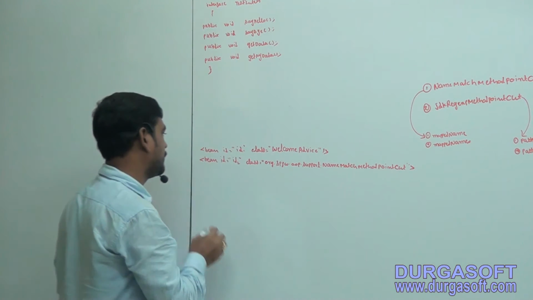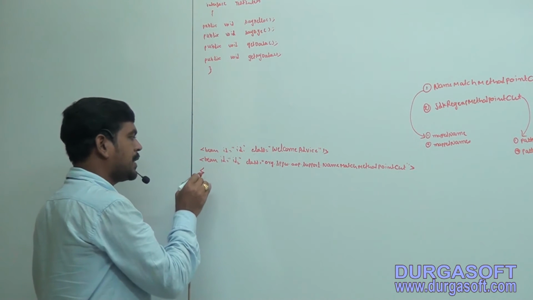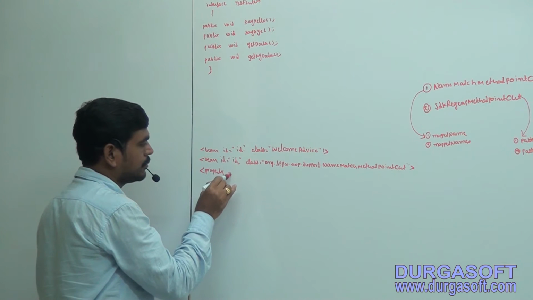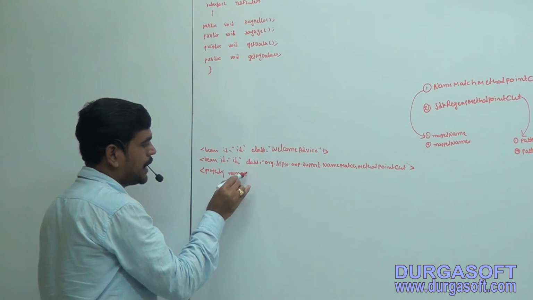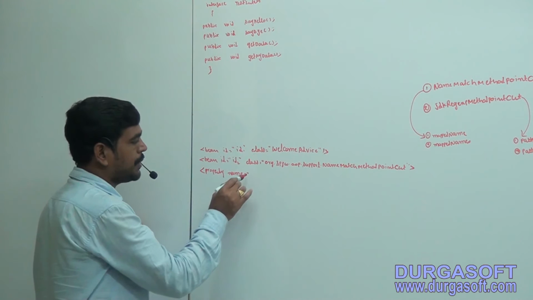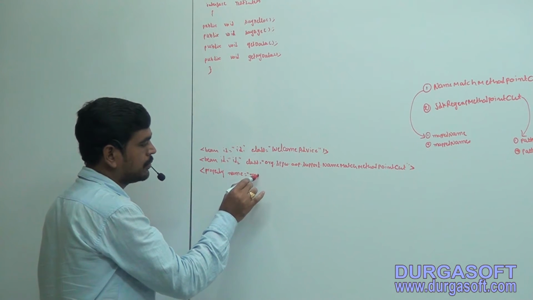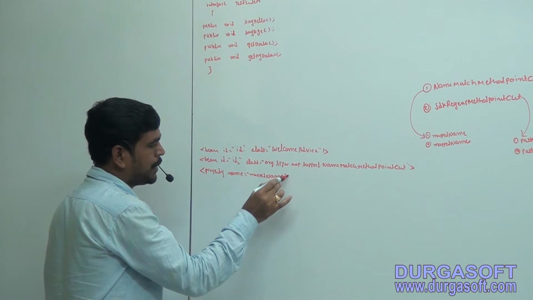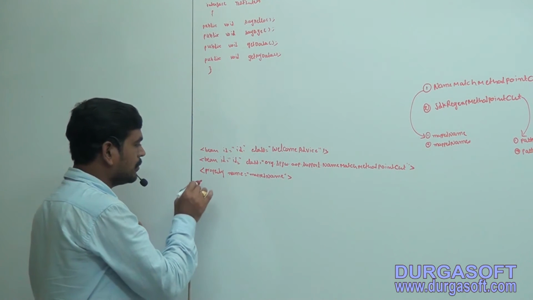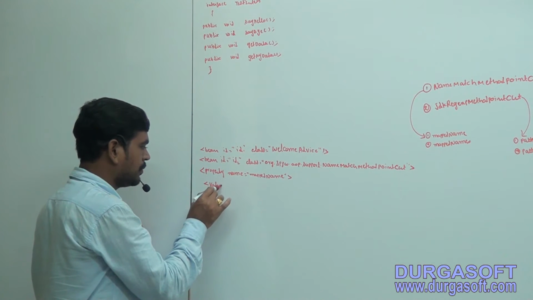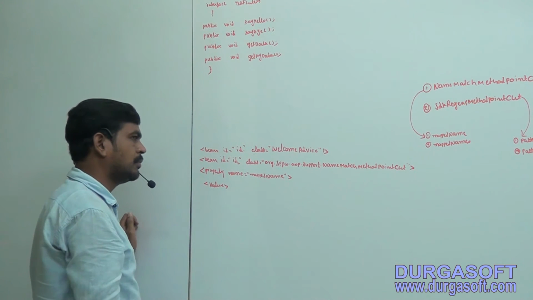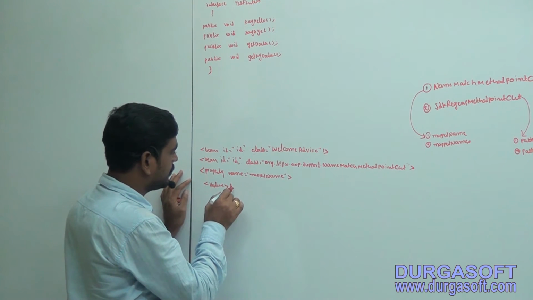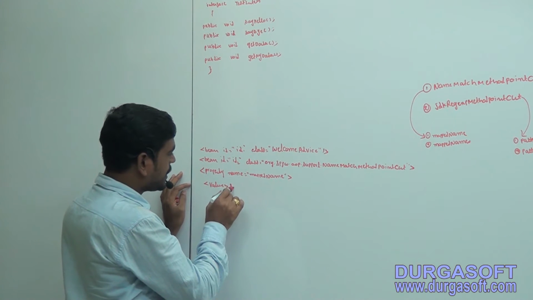The next, now we have to take here a property, name is equal to mappedName. Under that, value. Now we can take here say star.